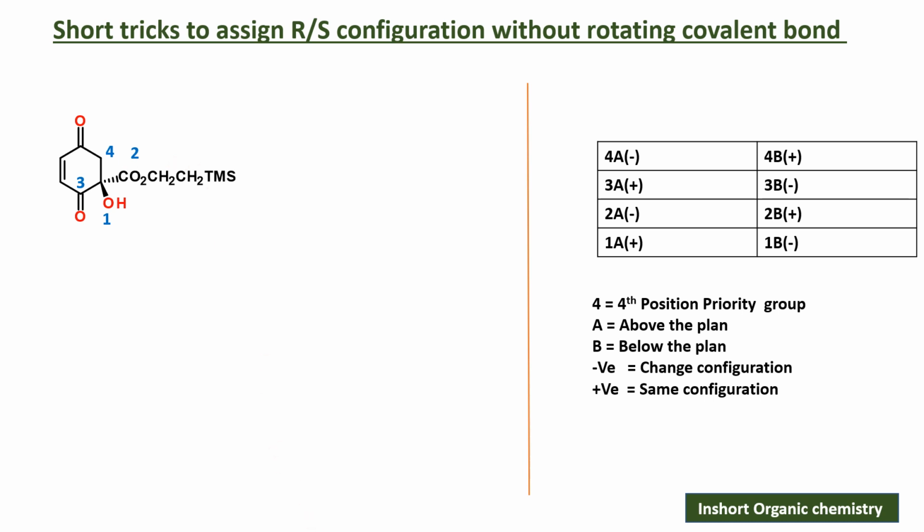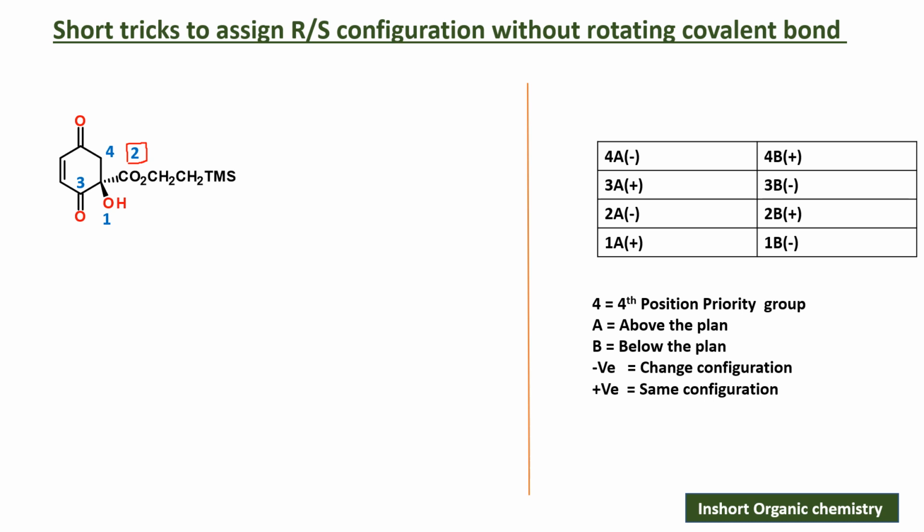The next step is to hide any above the plane or below the plane group. So here I am hiding the second position below the plane group. Then the next step is to assign the configuration without considering this second position group.